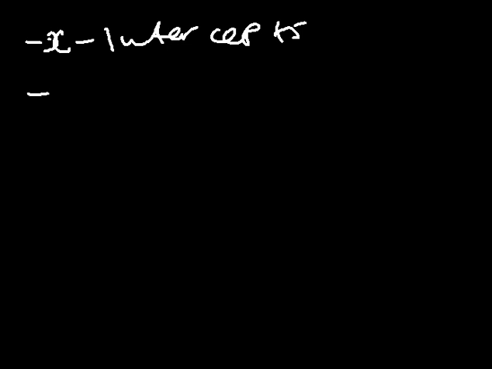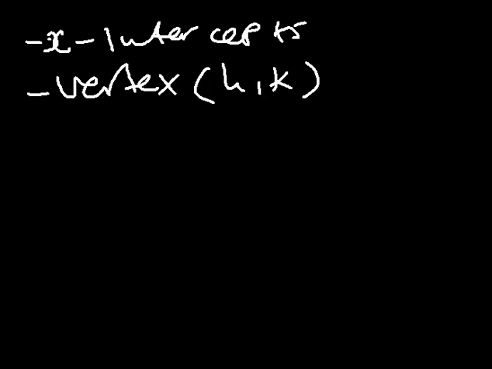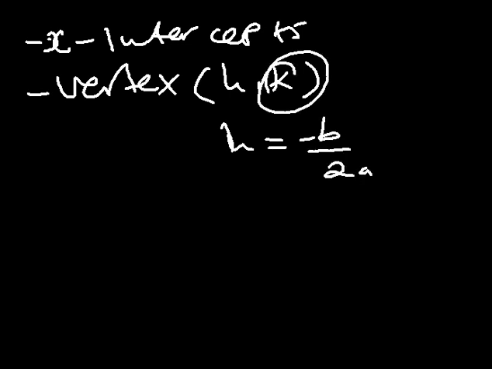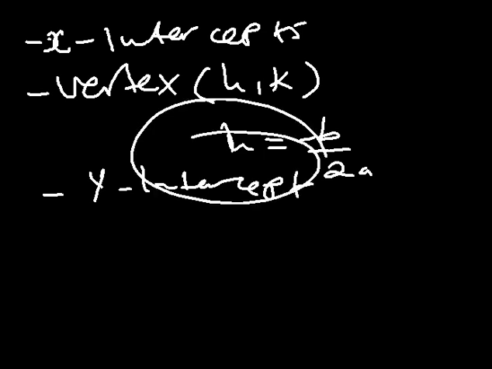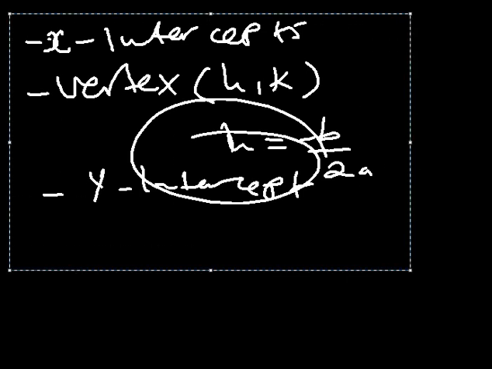And also you need the vertex, which consists of h, k, where h is given as -b/2a, and you find k by substituting h into the function. And I also need the y-intercept. So these are the key things you have to understand whenever you are sketching the graphs of quadratic functions. Thank you.